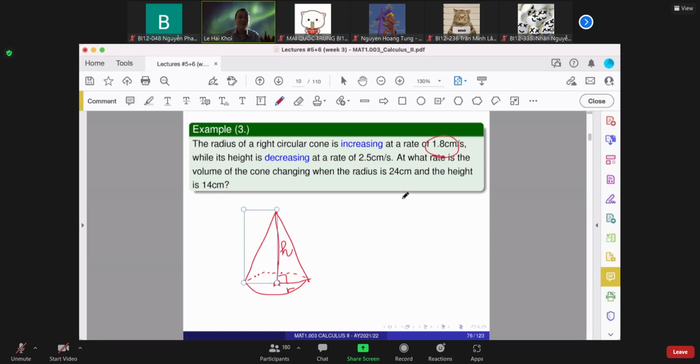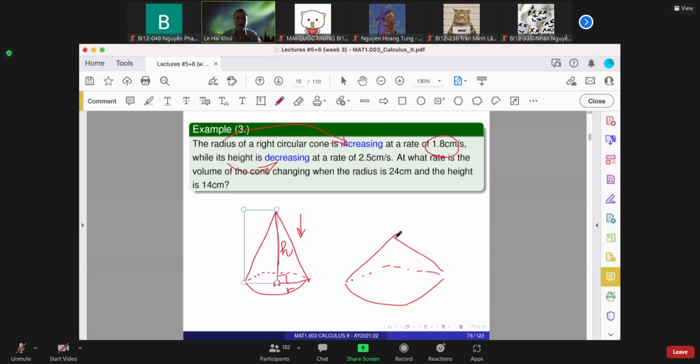How to understand? We have the radius increasing, which means that this base is bigger and bigger. In this case, of course, we have to push the vertex down. Then the height is decreasing, right? The radius is increasing, then the height is decreasing. So we can have such a thing.